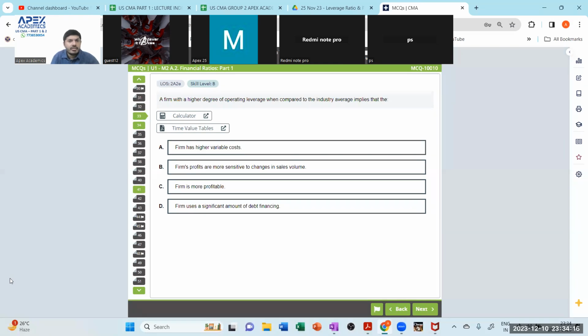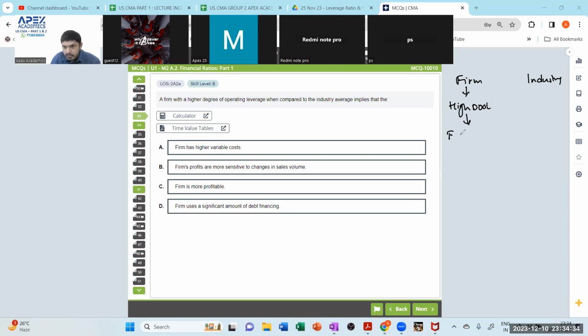33. A firm with a high degree of operating leverage when compared to industry average implies that. Understand one thing. There is a firm and there is industry. The firm has a high degree of operating leverage. What is the meaning of this?